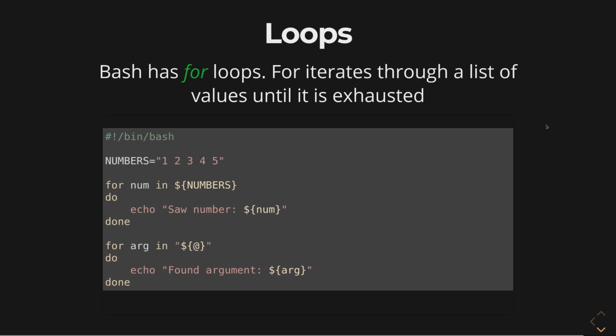Now you can recognize here that in the second for loop I'm referring to every single argument that I provided. We saw that earlier on when we looked at arguments. The @ sign refers to every argument. Now in Bash, that's actually a list.